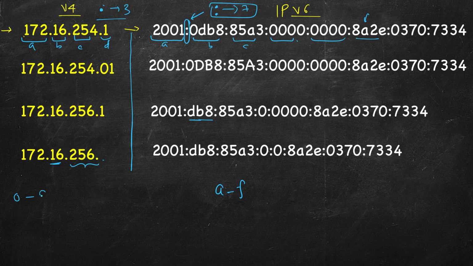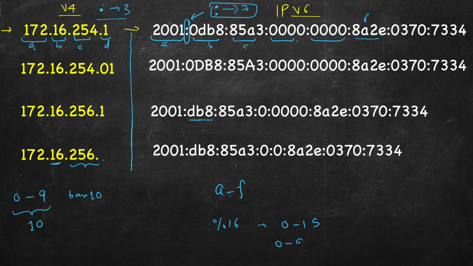Decimal characters are from 0 to 9, in total 10 characters, because this is base 10 representation. So 0 to 9, that is modulo 10. Any value you take modulo 10 will be between 0 and 9. Here you will take modulo 16, and modulo 16 values are between 0 and 15.